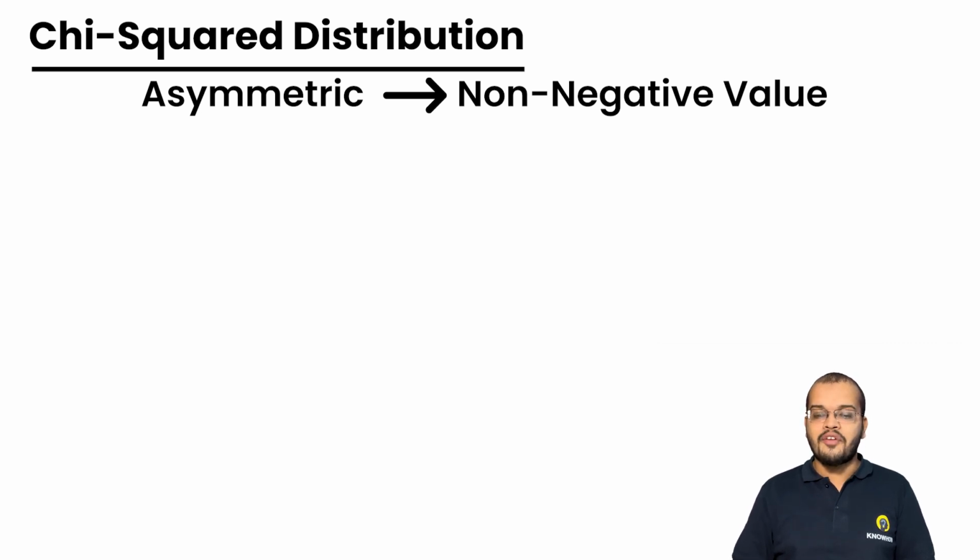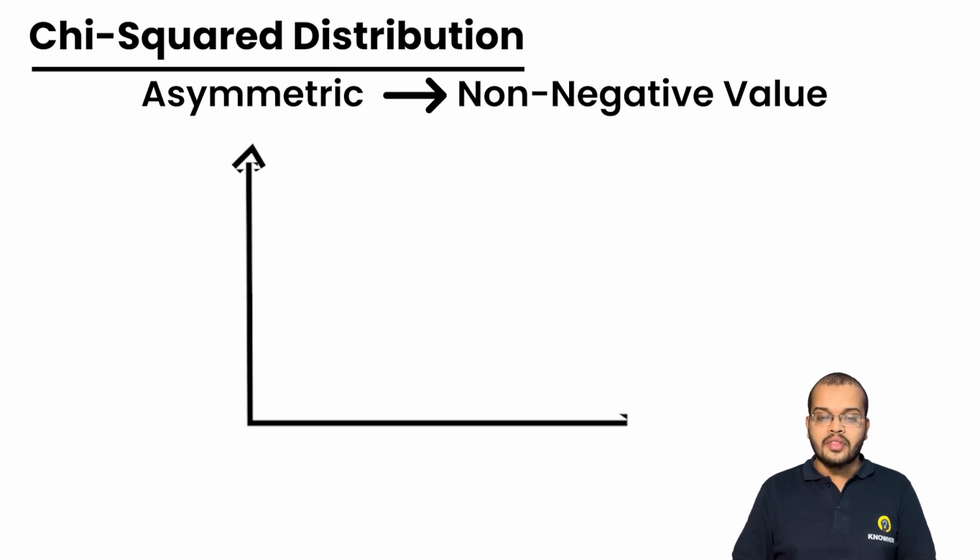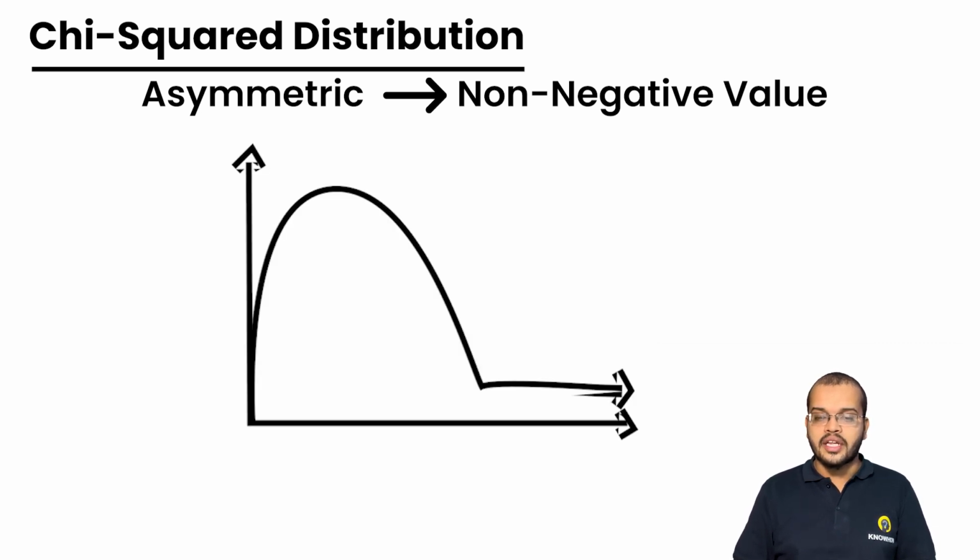How many of you remember hypothesis testing that we learned in our 10th standard? If you see the graph of this, it goes like this, right? It is used in hypothesis testing to determine the goodness of fit. So we generally use this chi-square distribution in hypothesis testing.